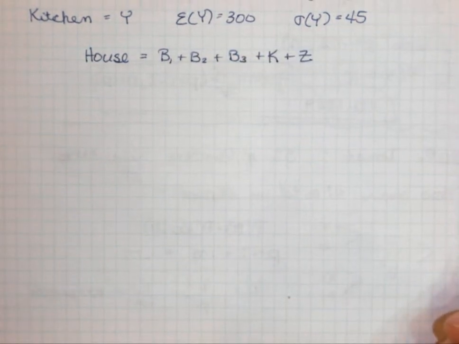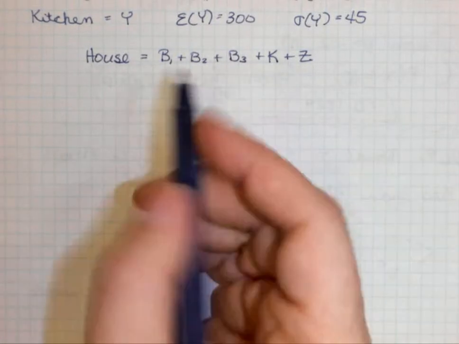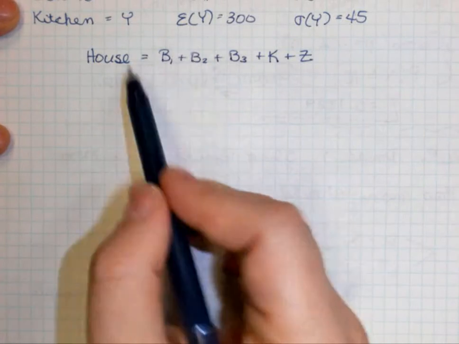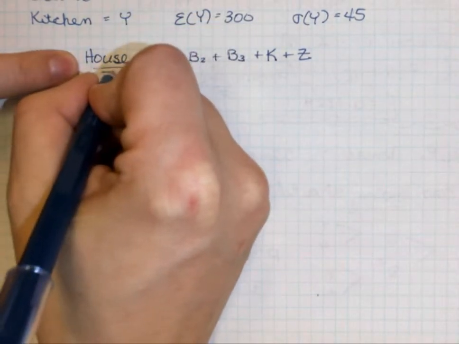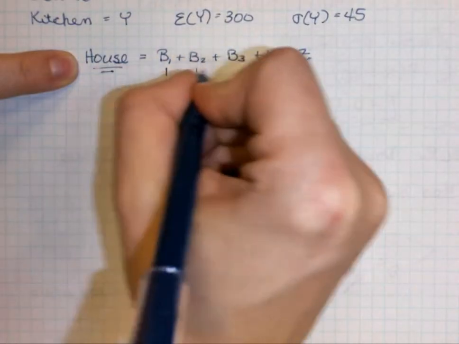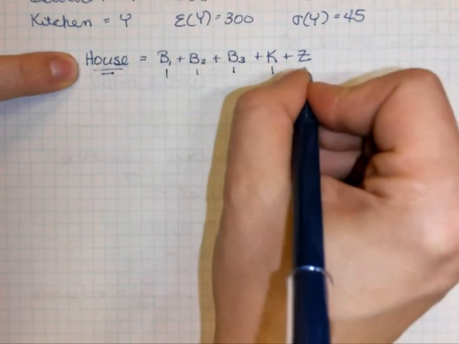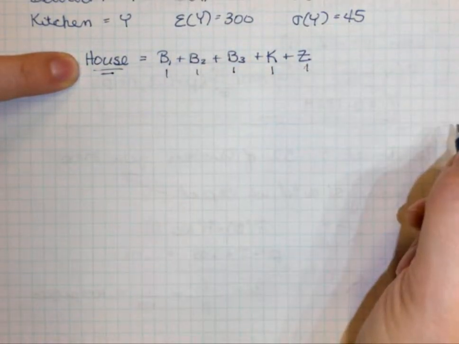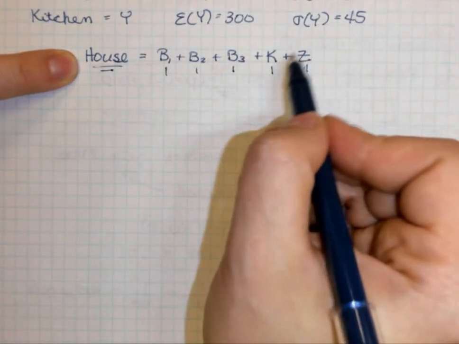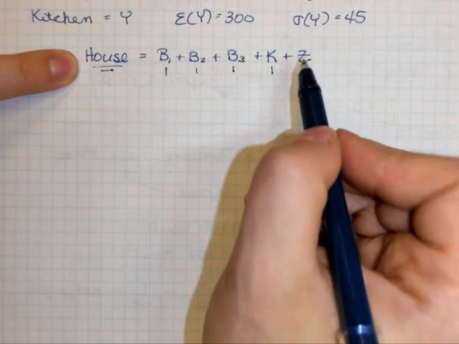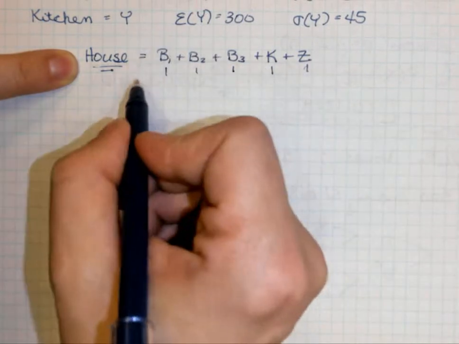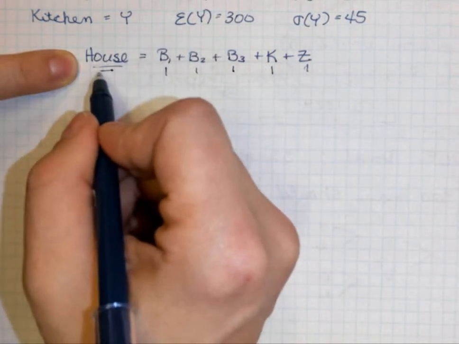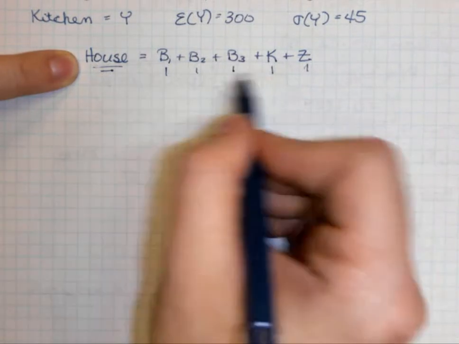Now, the way our distributions work is I have to be able to set up an equation like this, because the house itself depends upon the size of the bedrooms, the size of the kitchen, and the size of everything else. If I solved this for the size of everything else, then you're saying that this depends upon everything else. This is my dependent variable. These guys are my independents.